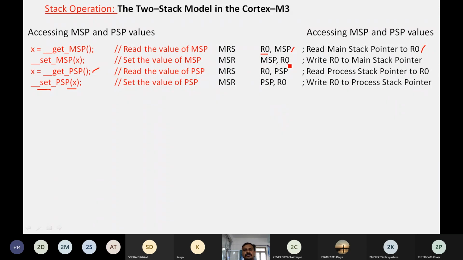Means the content of R0 is going to be stored in the stack pointer. Similarly for PSP, it is MRS for reading operation and MSR for writing operation for the respective MSP and PSP.